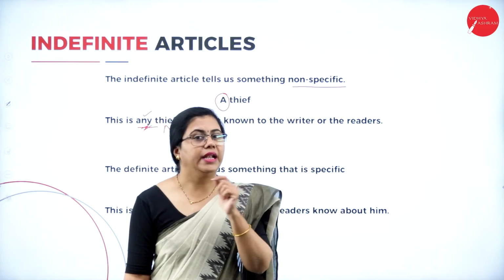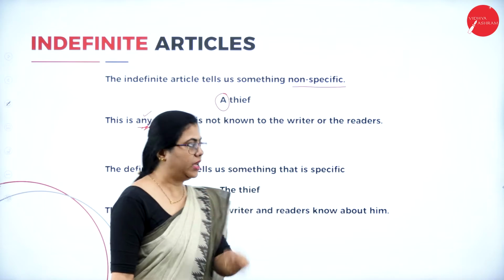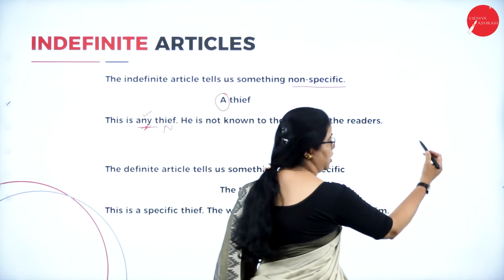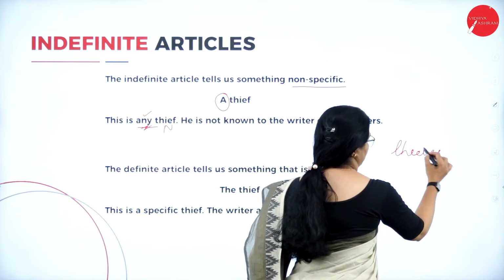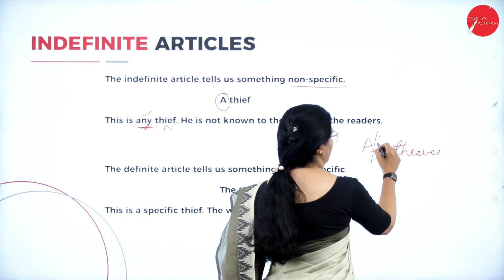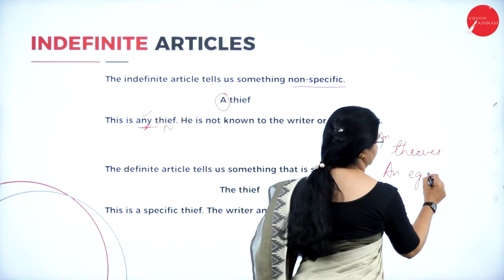No indefinite article can be used with a plural noun. Let me tell you why. Suppose I have the word thieves. I don't say "a thieves" or "an thieves." I don't say "an eggs."